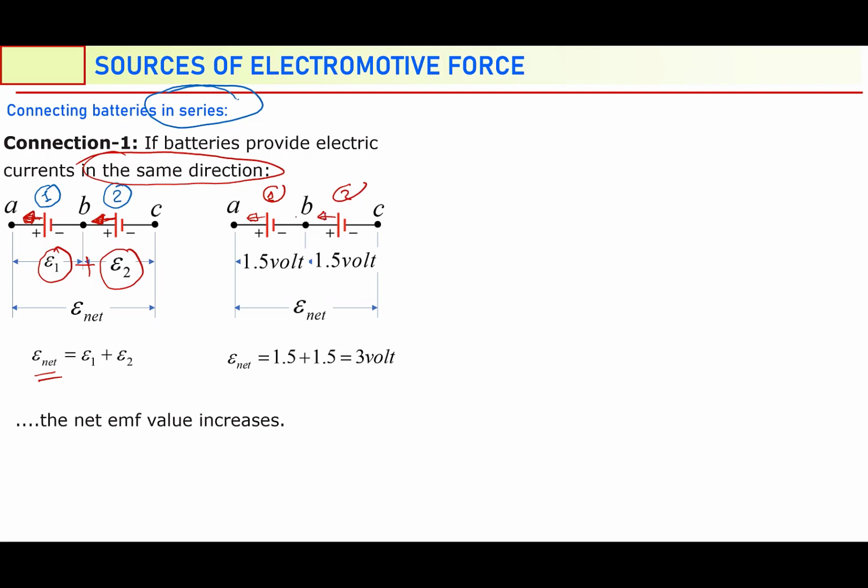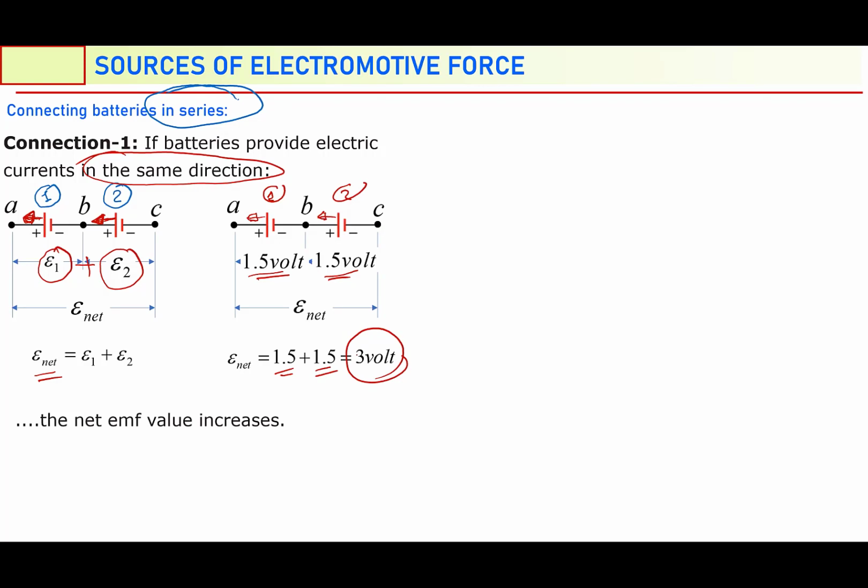So their electric currents are in the same direction. In this case, you add their EMF values. 1.5 volt is the first one's EMF value. 1.5 volt is the second one's EMF value. 1.5 plus 1.5, so 3 volt is the net EMF value of these two batteries.